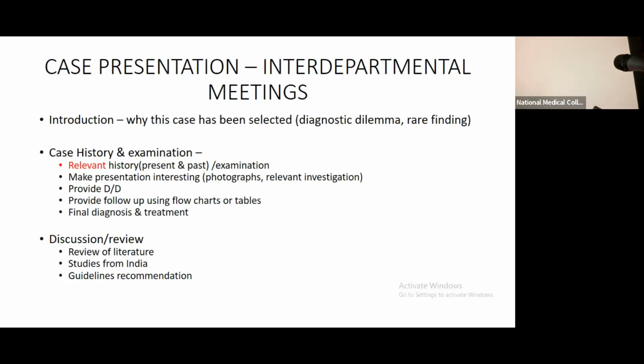What is that? First and foremost, introduction: why you selected this case, why you want this case to be discussed in your interdepartmental meeting, like cardioradiology or nuclear radiology. Either there is some diagnostic dilemma in your case, like suppose you find some lesion, you are not able to explain it by his symptoms and your investigations are not correlating with what you are clinically seeing in that patient, then you might want to discuss this case.